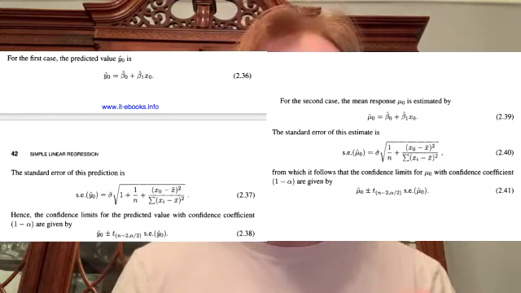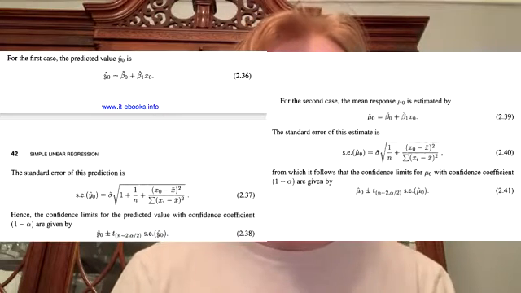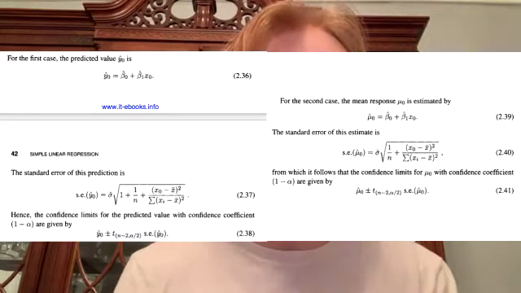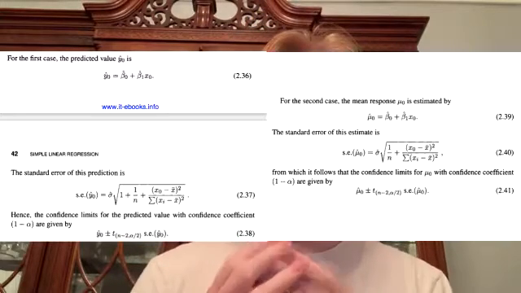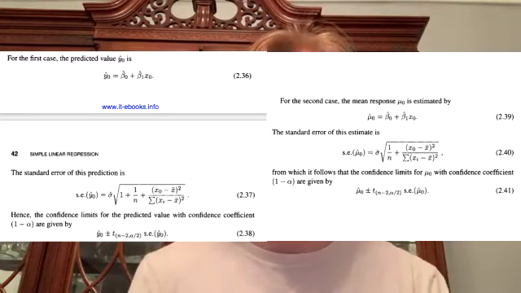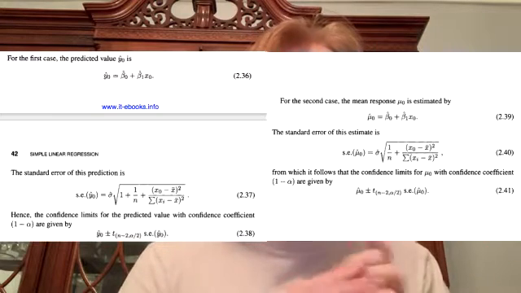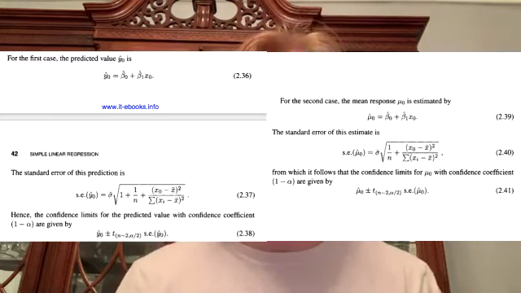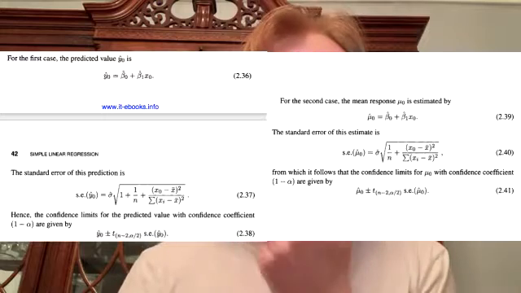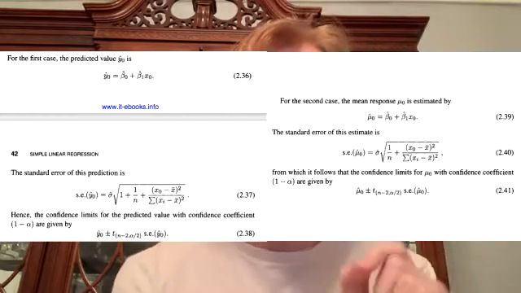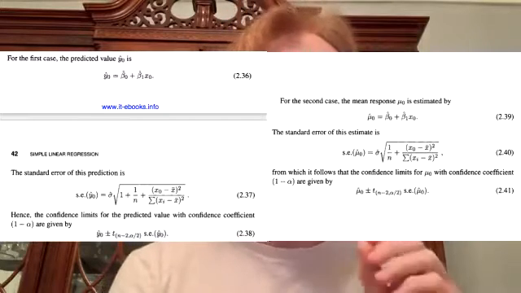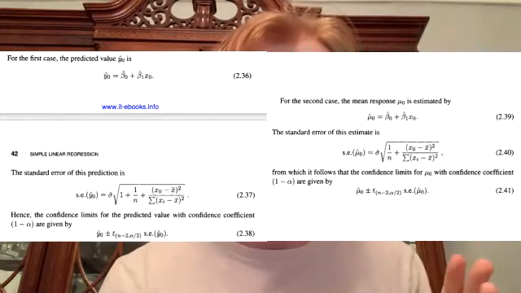What you'll notice is these equations are largely similar, except in 2 key distinguishing features. You'll see that the point estimate, aka the first line in each example, is identical, yet the standard error is quite different. For the response variable y case, we see an additional 1 at the start of what's under the square root, and this is absent in the mu sub 0 case.